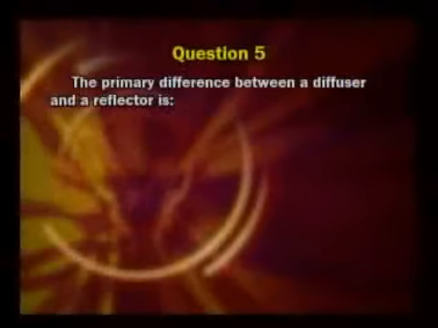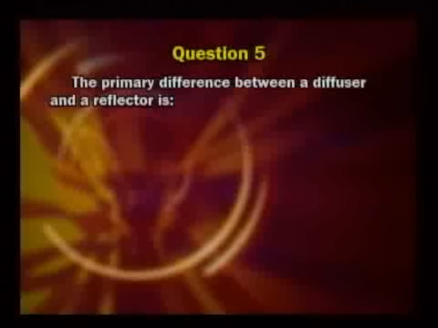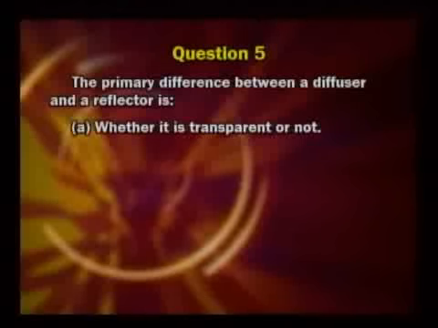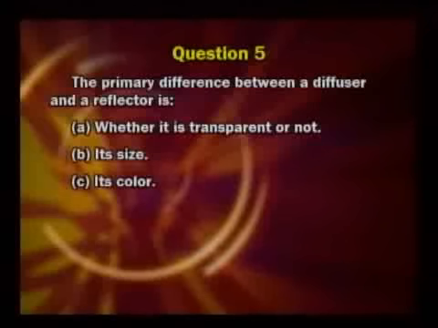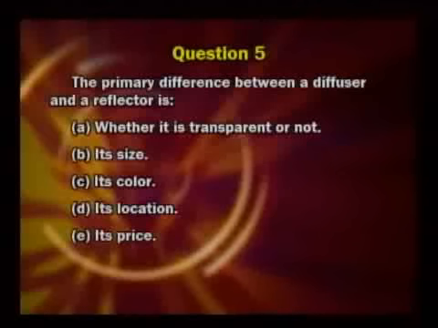Question number 5. The primary difference between a diffuser and a reflector is A, whether it's transparent or not. B, its size. C, its color. D, its location. And E, its price. We're hearing an A. Any other answers? Well, the wall's not transparent.